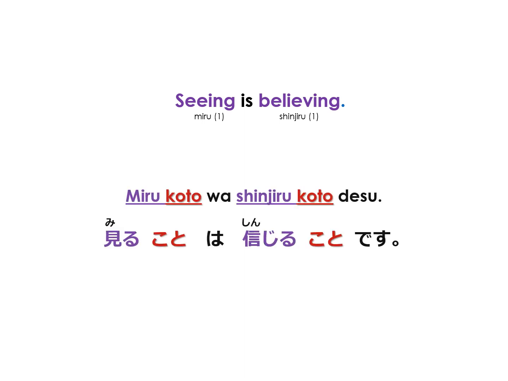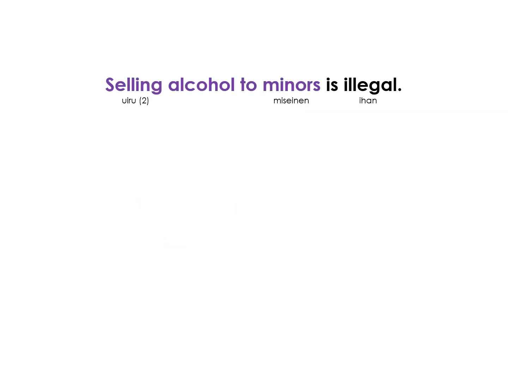Another example, "Seeing is believing." Both seeing and believing have to be nominalized using koto because this statement is also abstract, indirect, and general. In Japanese, 見ることは信じることです。Another example, "Selling alcohol to minors is illegal."